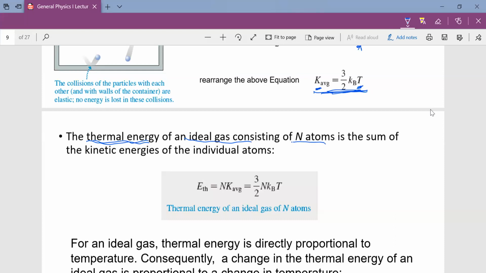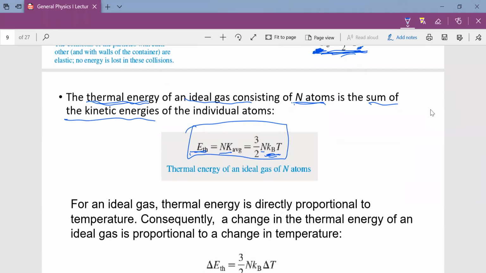From the definition of thermal energy, which is the total sum of kinetic energy, the thermal energy is equal to this expression, because it is the definition of average K multiplied by the number of atoms, which is the total number. That is how this n came into this expression. So this, therefore, is the equation for the thermal energy of an ideal gas with n number of atoms.